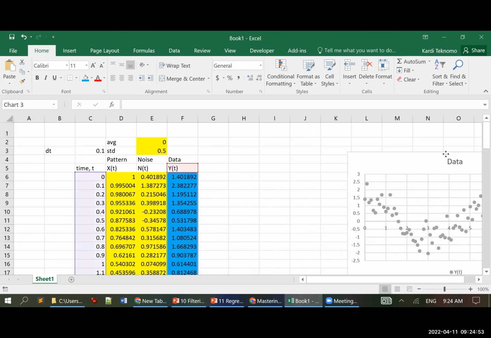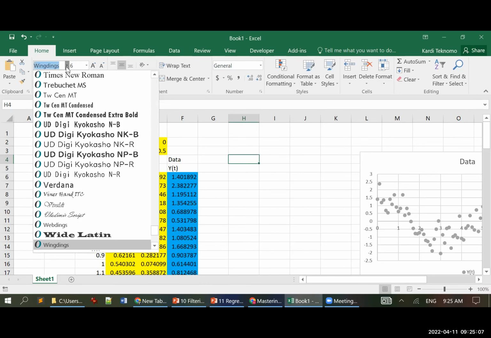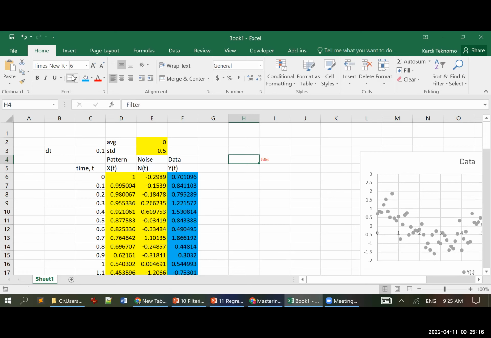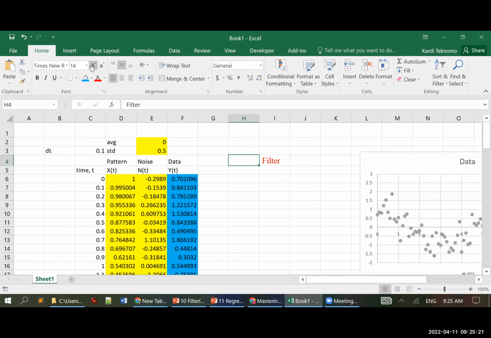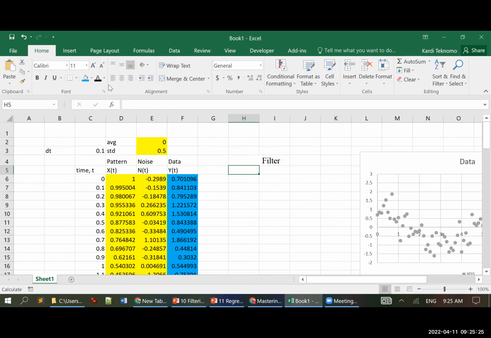So I will create a filter here. I don't know why it suddenly became a different color.